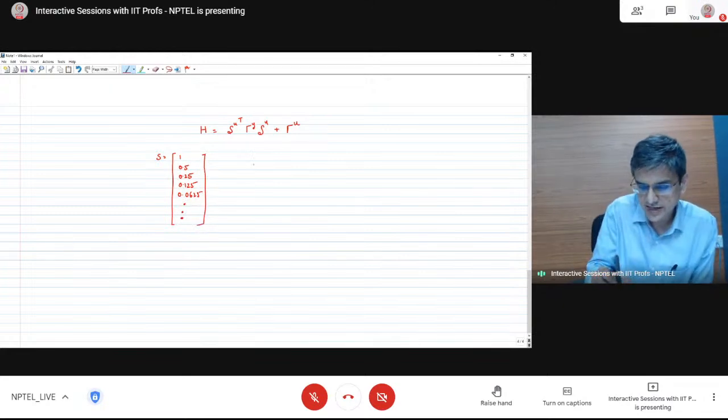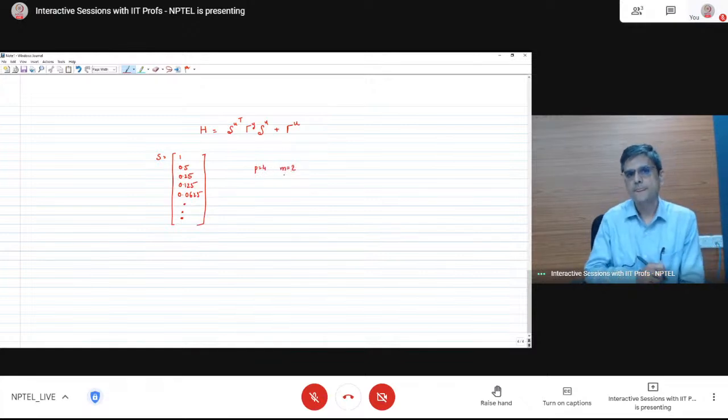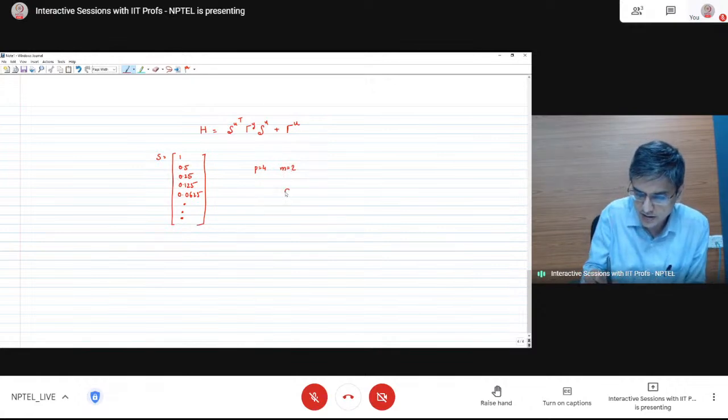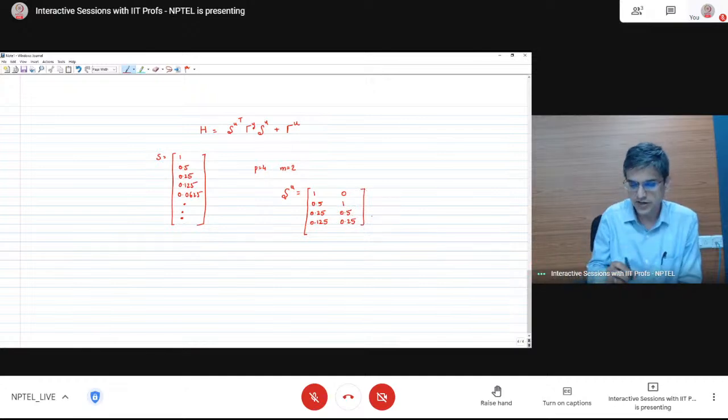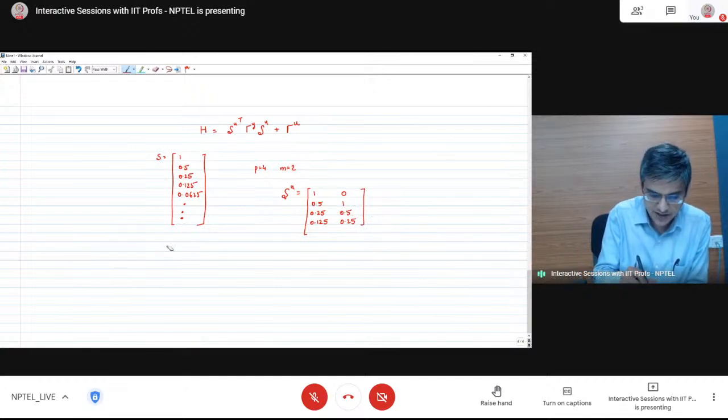Let's say we have P equal to 4, M equal to 2. Prediction horizon is 4, control horizon is 2. Then how is our big SU going to look? It will be 1, 0.5, 0.25, 0.125, 0, 1, 0.5, 0.25. Let's say our gamma y, our q, is going to be equal to 4.